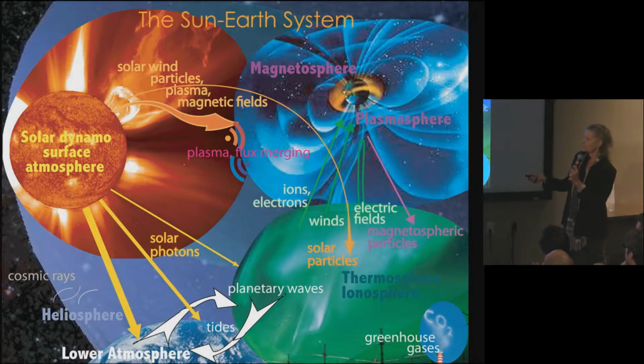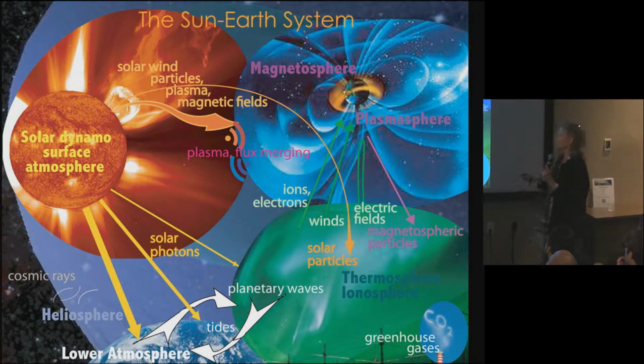The sun produces photons, which, as I described to you, establishes the state of the atmosphere. It's the variability in the photons that I'm going to be talking about, because that's what produces the longer-term timescale changes. But the sun also produces a solar wind of plasma and particles, and this perturbs the magnetosphere.